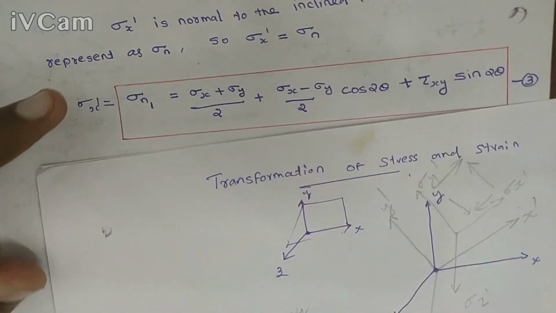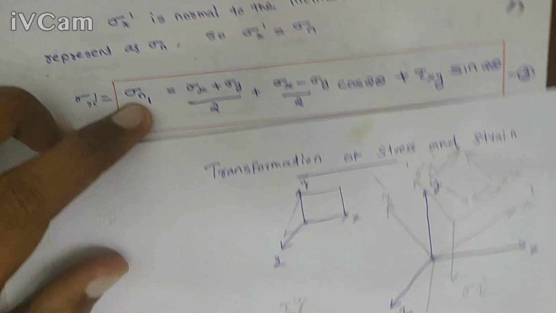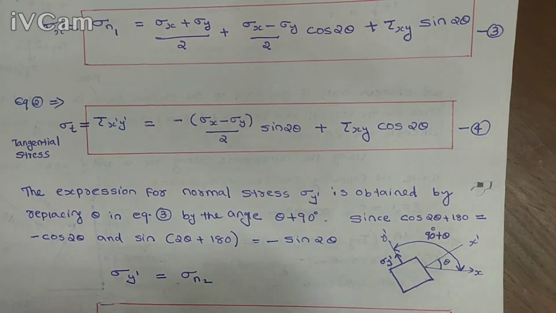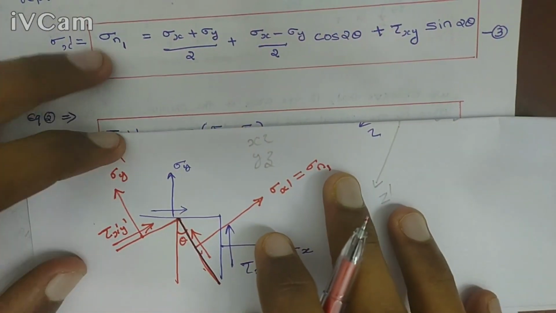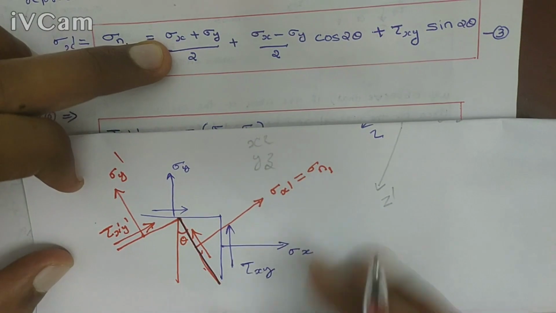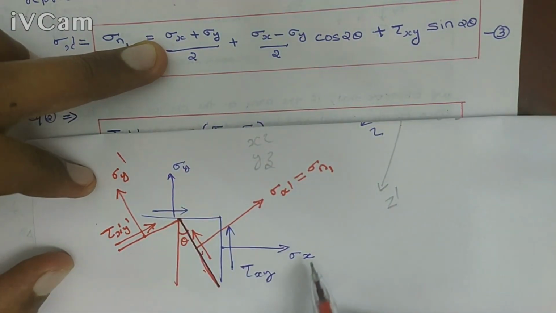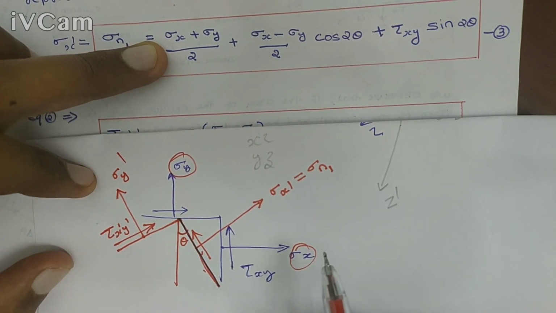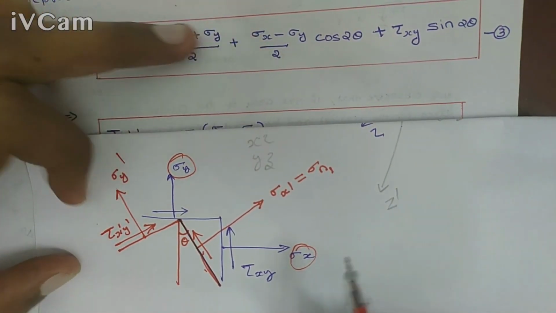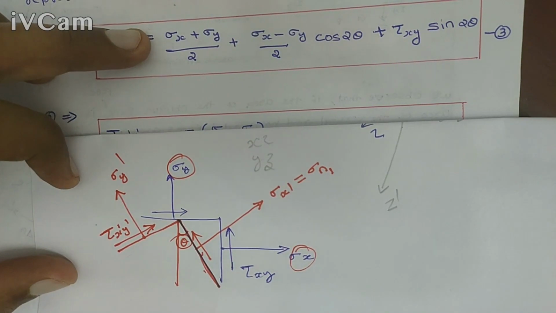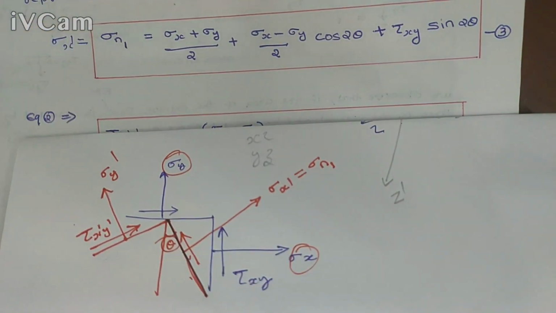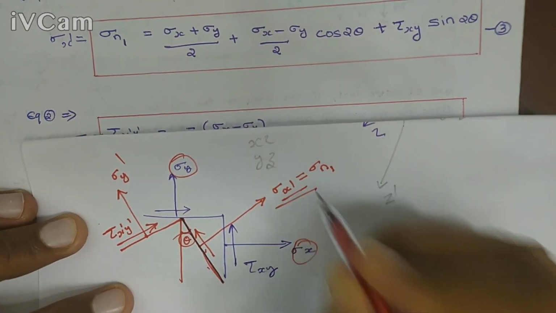Sigma x dash, or sigma n1, is equal to sigma x plus sigma y by 2, plus sigma x minus sigma y by 2 into cos 2 theta, plus tau xy into sin 2 theta. That is the value of sigma x dash.